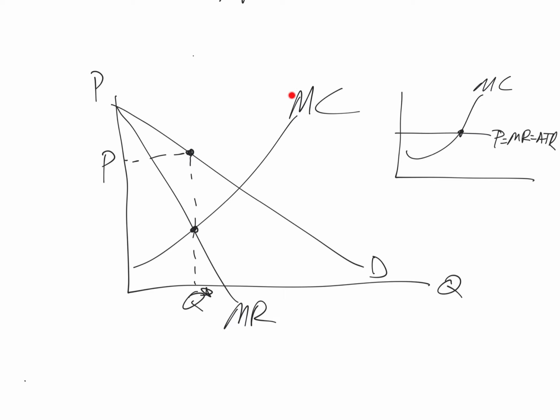Well, here's marginal cost. The price is given by, well, let's write all that in, price and average total revenue. It's given by the demand curve. That's right there. So here, clear out there, this is the socially optimal level of output right here.